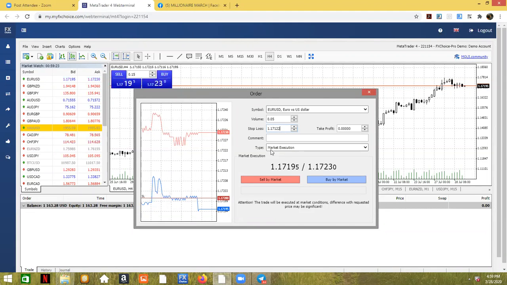Okay? So now if it goes down, what? How many pips? It's at 1.1723 now, so it has to go down 10 pips to 1712, which is 11 pips down, right?